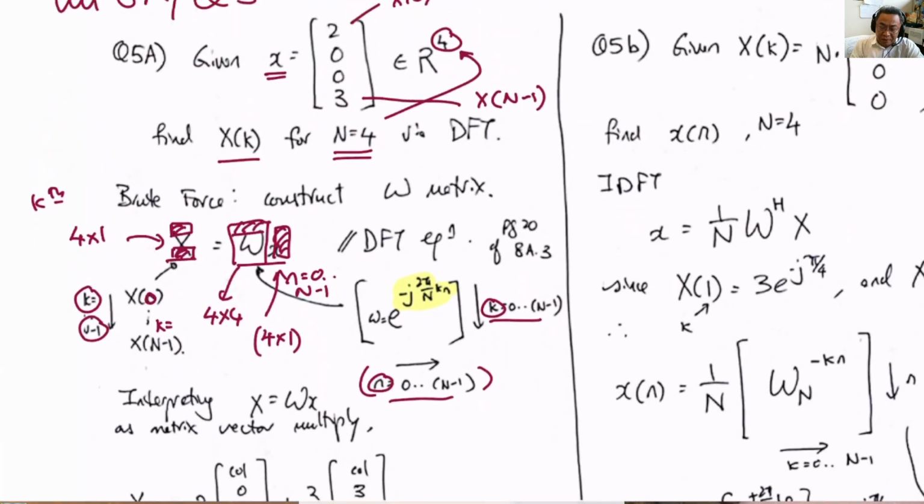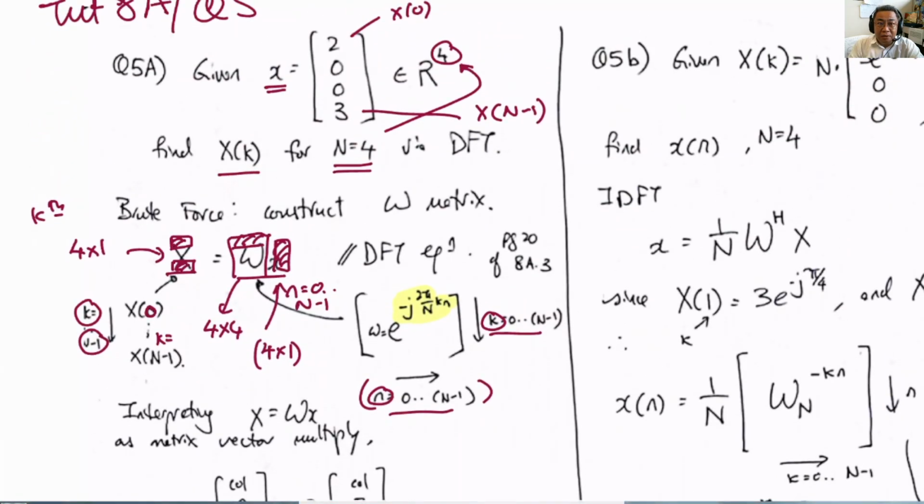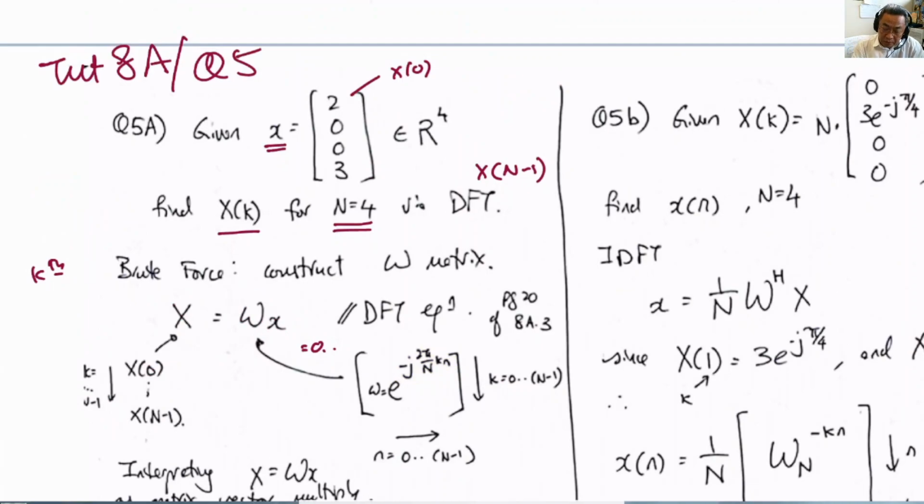It's because it is the non-zero elements of small x that will be multiplied by the corresponding columns of W. So it is 2 multiplied by the first column of W, column 0, as well as the last element, small x of capital N minus 1, which will be multiplying with column 3.